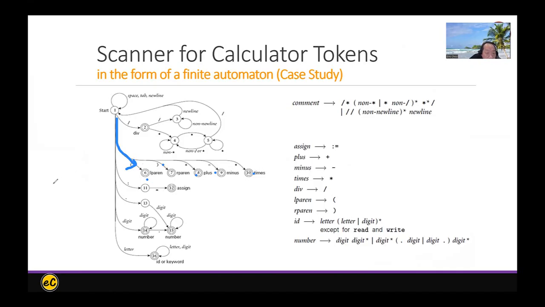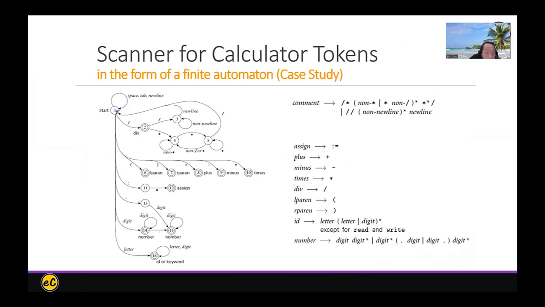You go into different branches. If you see a left parenthesis, that can already be tokenized out, so you get a circle. Then that will be token out. After token out, you go back to state number one to receive a new symbol.